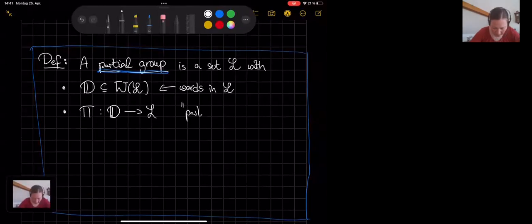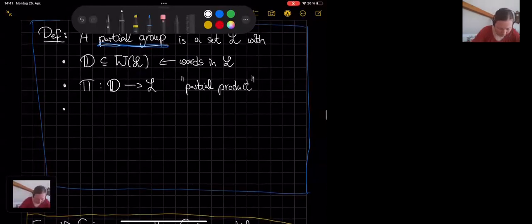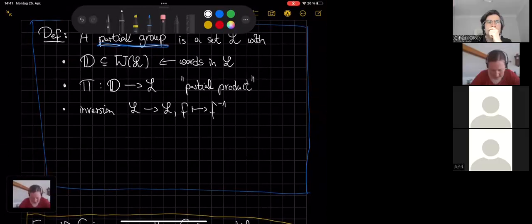So this would be a partial product. And then we have an inversion L to L, f goes to some element which we denote by f inverse. So this is an involutory bijection.